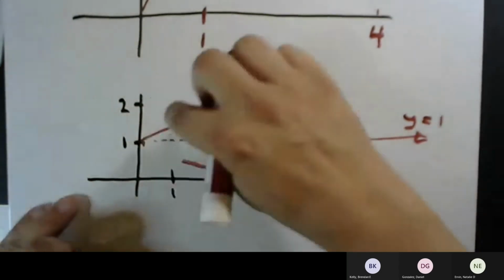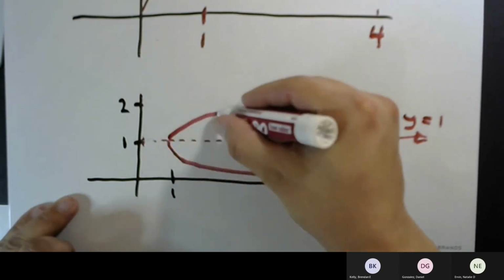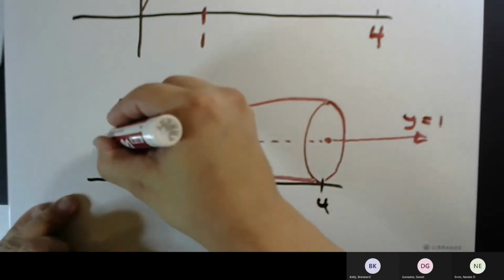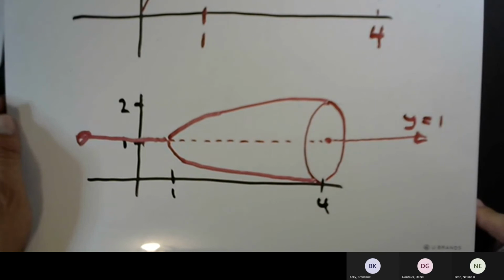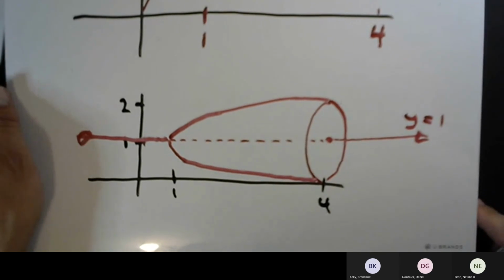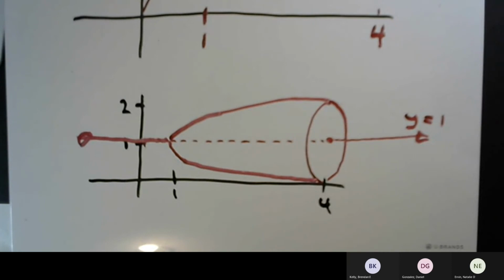Oh, sorry, we're not going to go quite that far. I apologize. We're going to go to here. That's the shape that we're going to get when we rotate this. So let's do the calculation. Again, any questions about this?